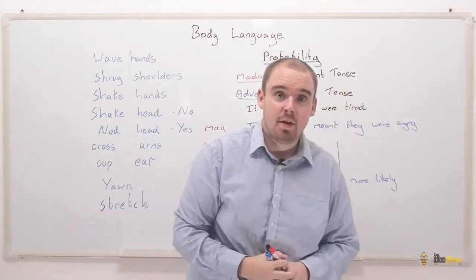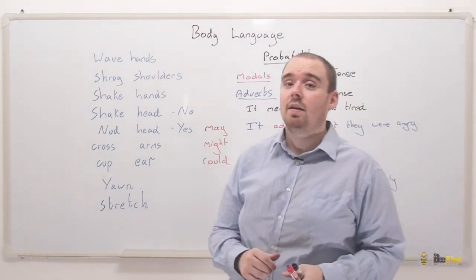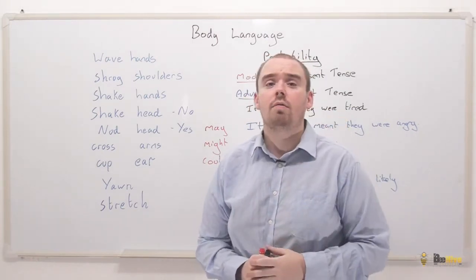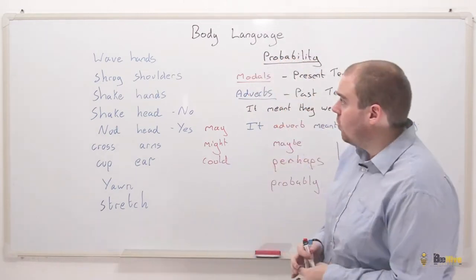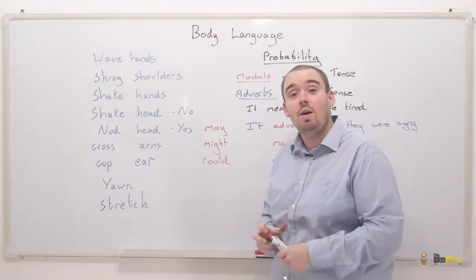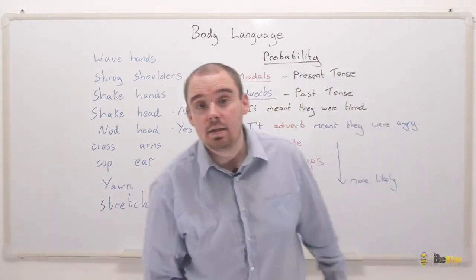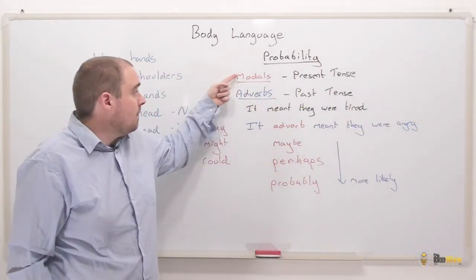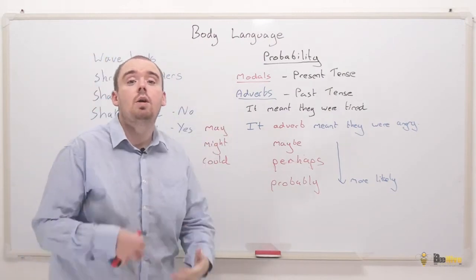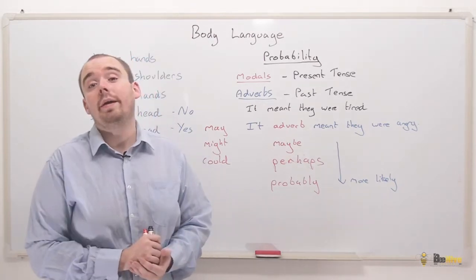Okay. Now, let's quickly just refresh ourselves what we have learned today, and then we'll give some time for you to practice, and then we'll have a dialogue for you to practice with. So we learned all about our different types of body language, what they mean, how they're done, and we learned some modals and adverbs we can use to say how likely something is or how sure we are.